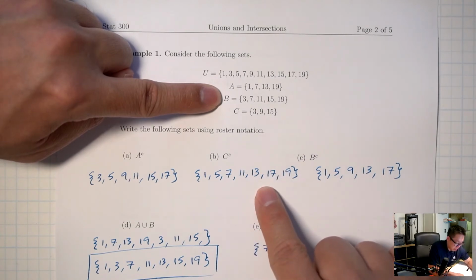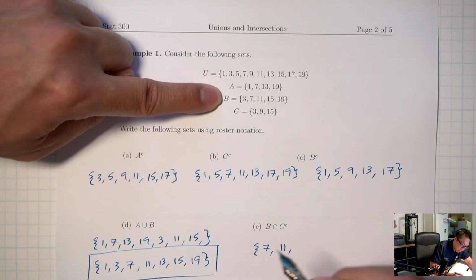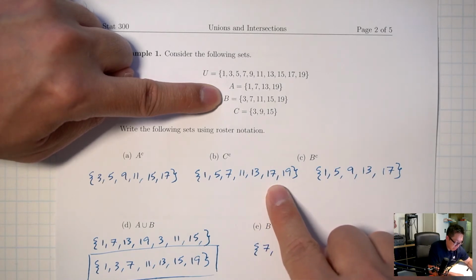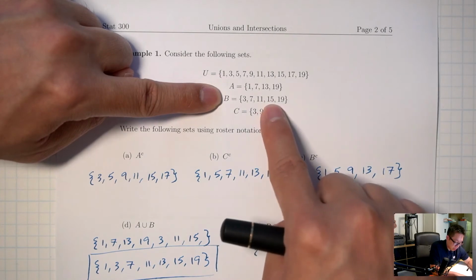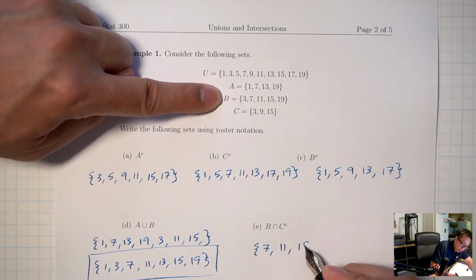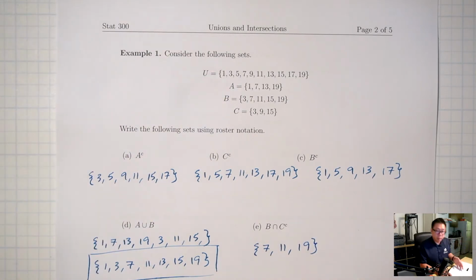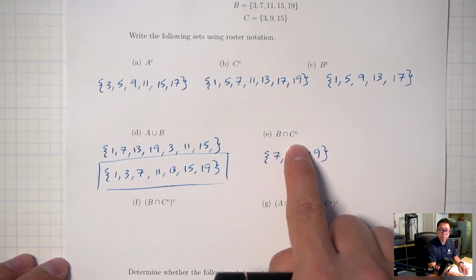What else? I see 11 that's in both. What else? Not 15. 19, I do see 19 in both, so 19. And that's B intersect C complement.